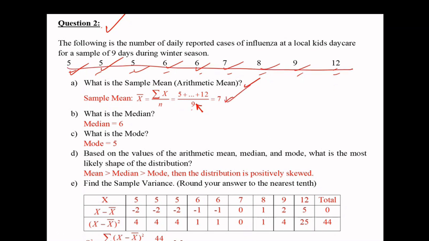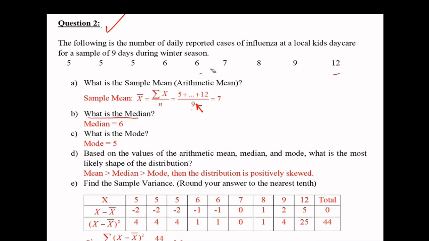What is the median? I need to find the number in the middle after arranging my data from smallest to largest. Here is my data arranged: 5, 5, 5, 6, 6, 7, 8, 9, 12. This is nine numbers.